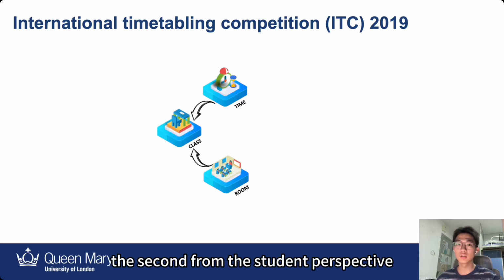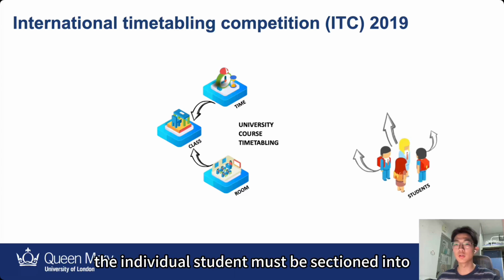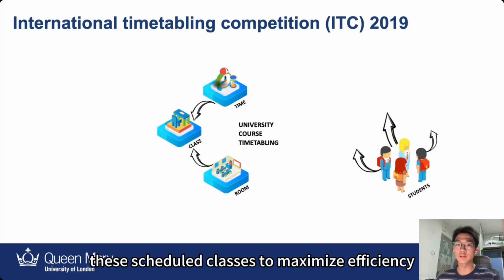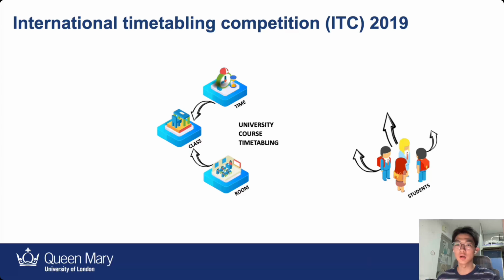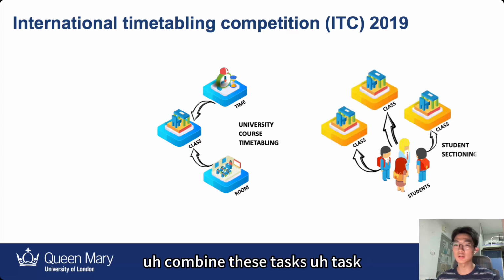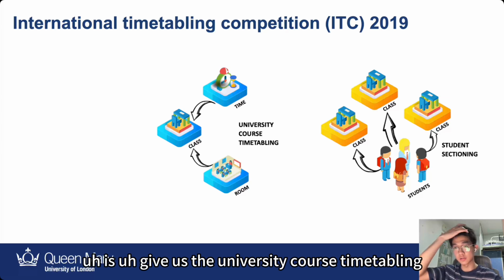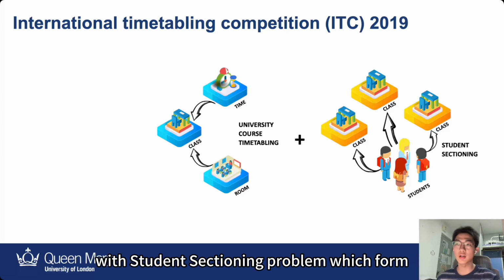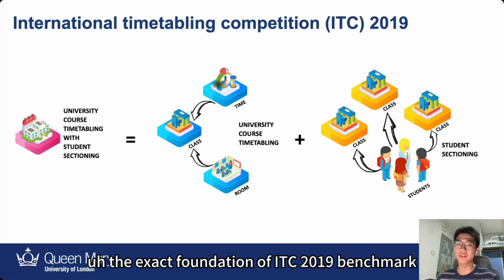Second, from the student perspective, the individual student must be sectioned into these scheduled classes to maximize efficiency. Combining these tasks gives us the university course timetabling with student sectioning problem, which forms the exact foundation of the ITC 2019 benchmark.